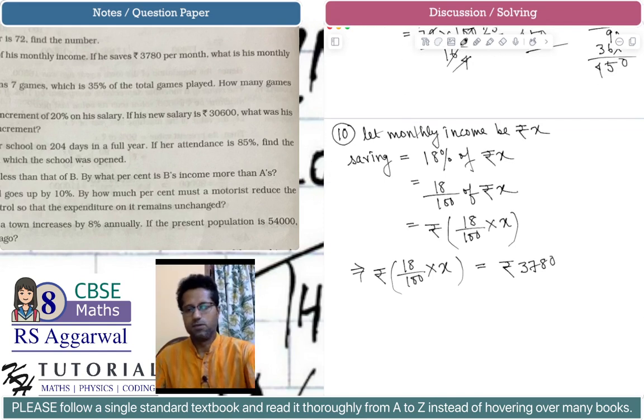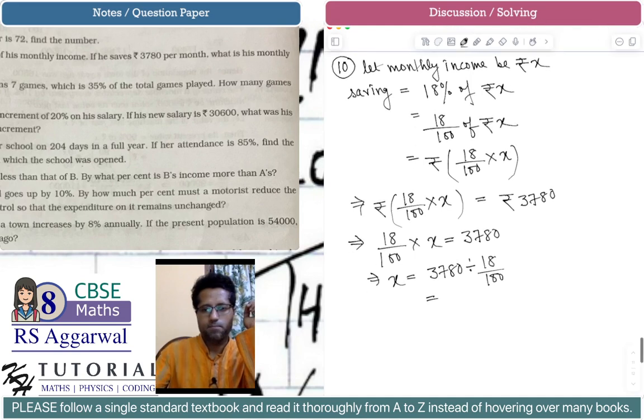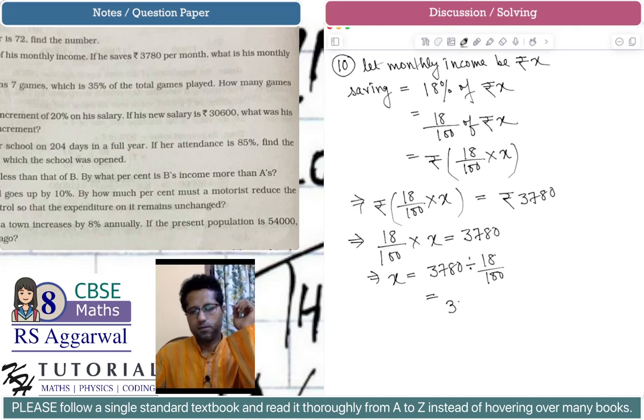Now from here we can ignore the units, that is the rupees, and equate the value of the currency. So 18 by 100 multiplied by X will be equal to 3780. So this implies X will be equal to 3780 divided by 18 by 100. This is equal to 3780 multiplied by 100 divided by 18.